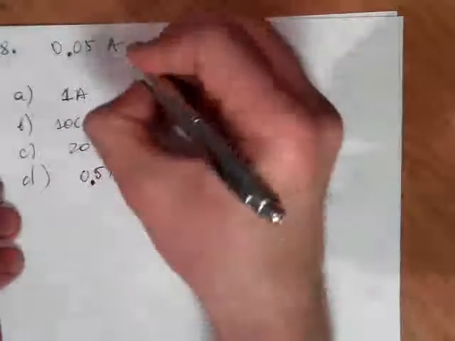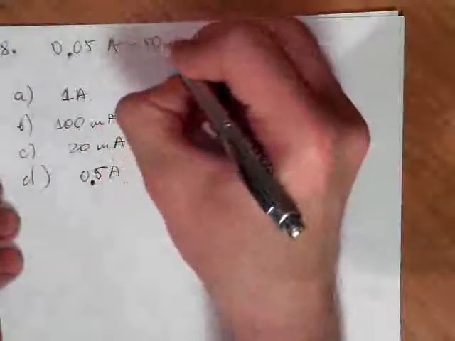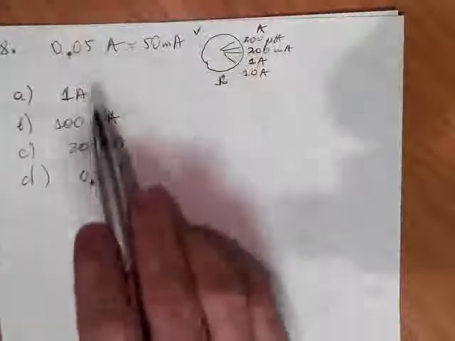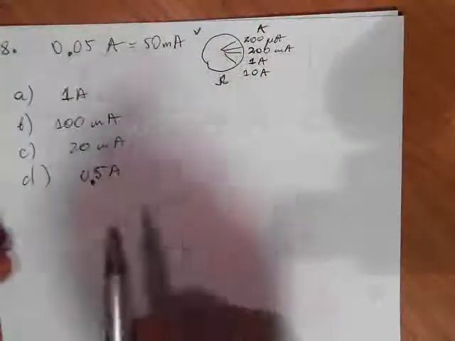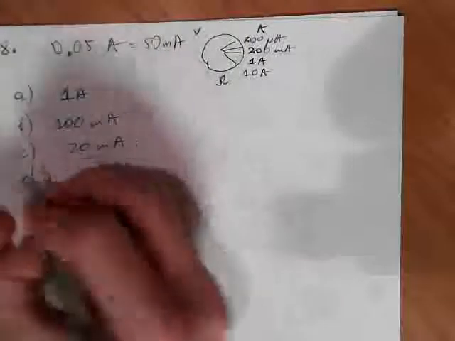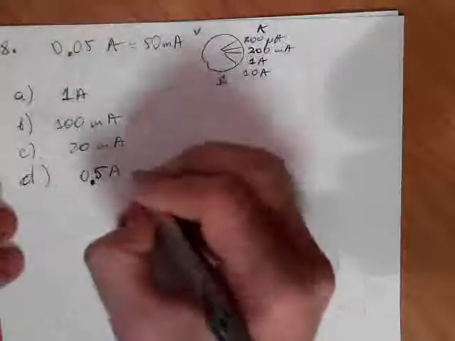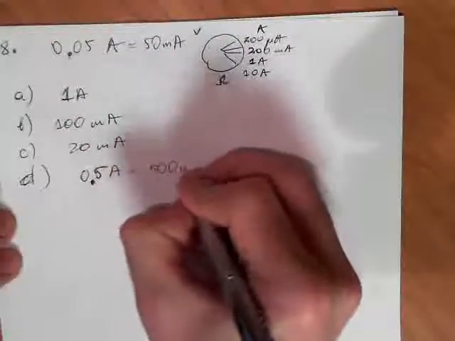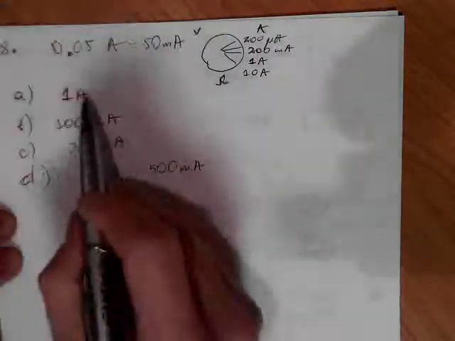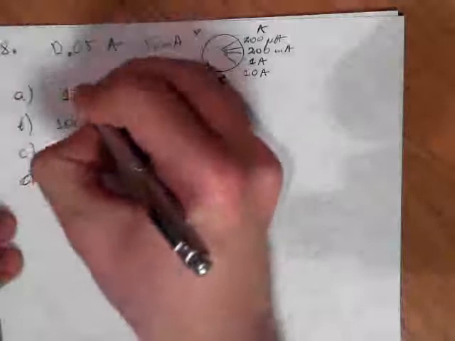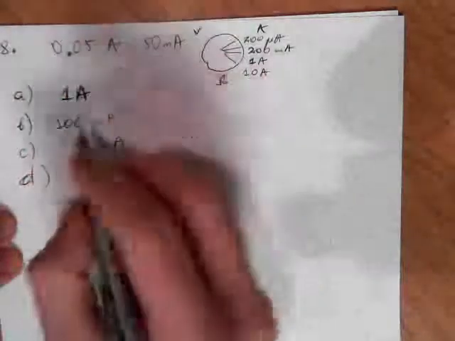Basically you need to know that 0.05 amps is 50 milliamps. Now let's go through these answers. This one is 500 milliamps. Which can measure? This can measure, but it is a very high, big value.